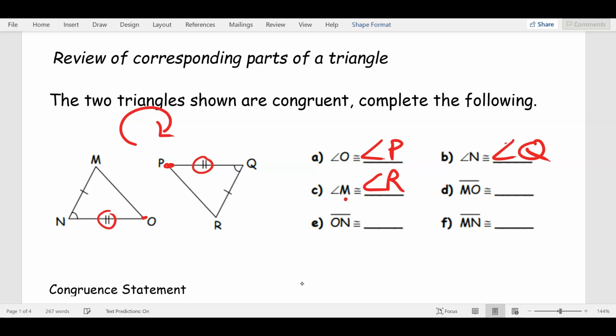MO matches what? RP. So that's side RP, not angle, my bad. RP with a segment on top. ON matches what? PQ. And MN matches what?